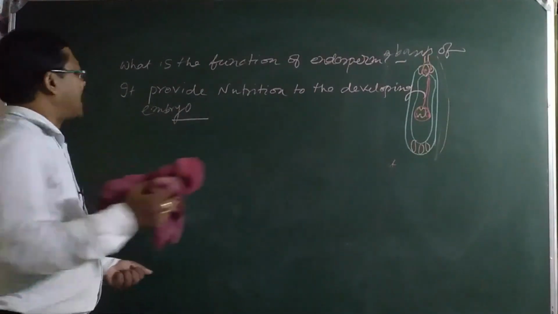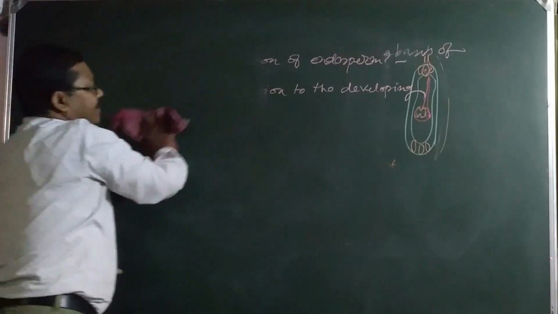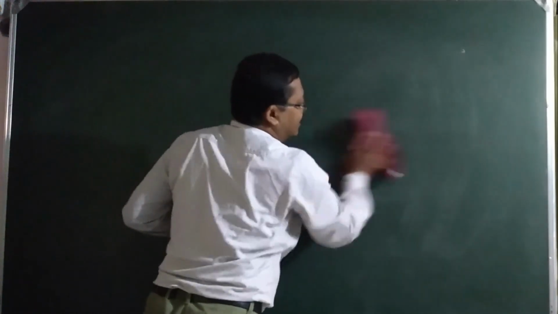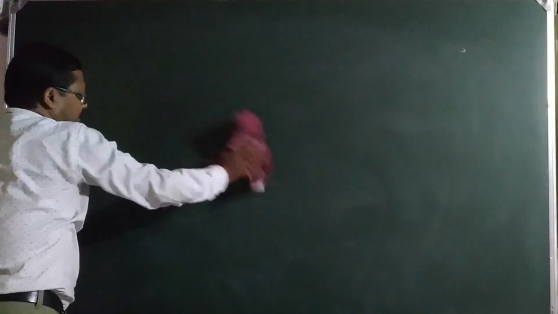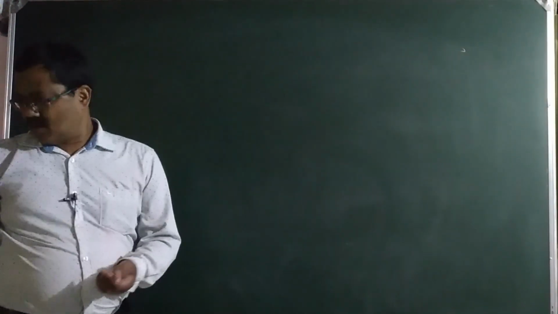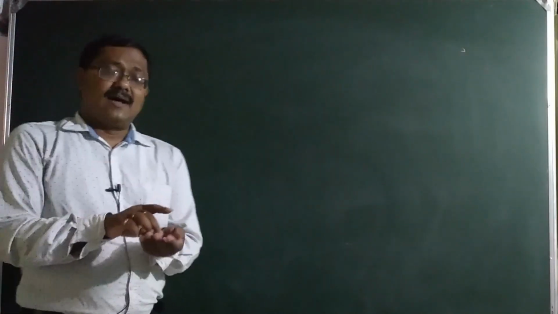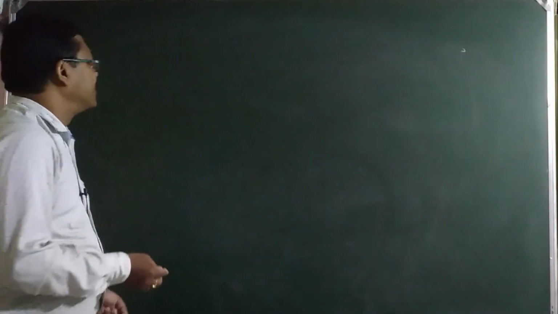Monocot seed and dicot seed: two types of seeds are generally found. One has a single cotyledon and the other has two cotyledons. What is the structure? At first we shall discuss the materials which are present in the seed.